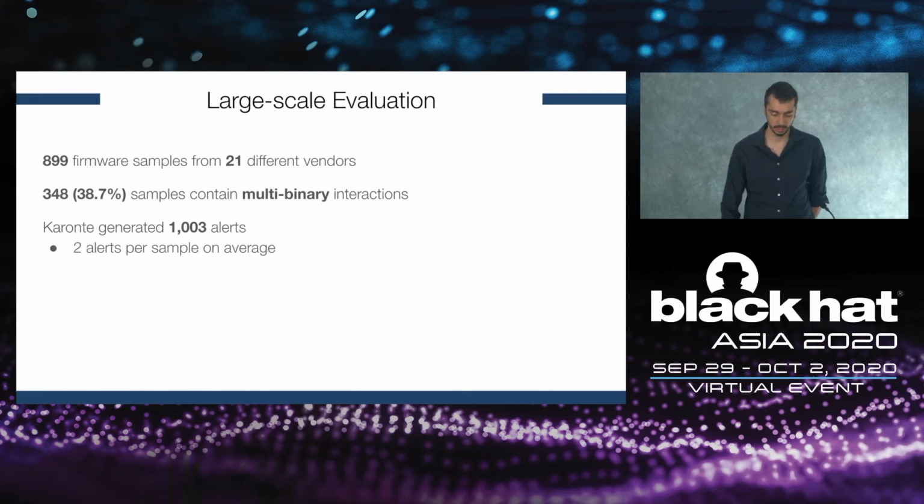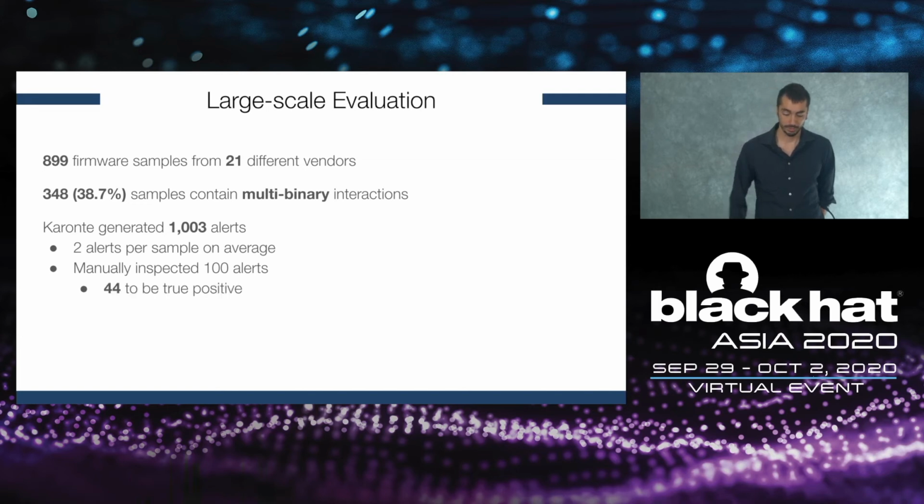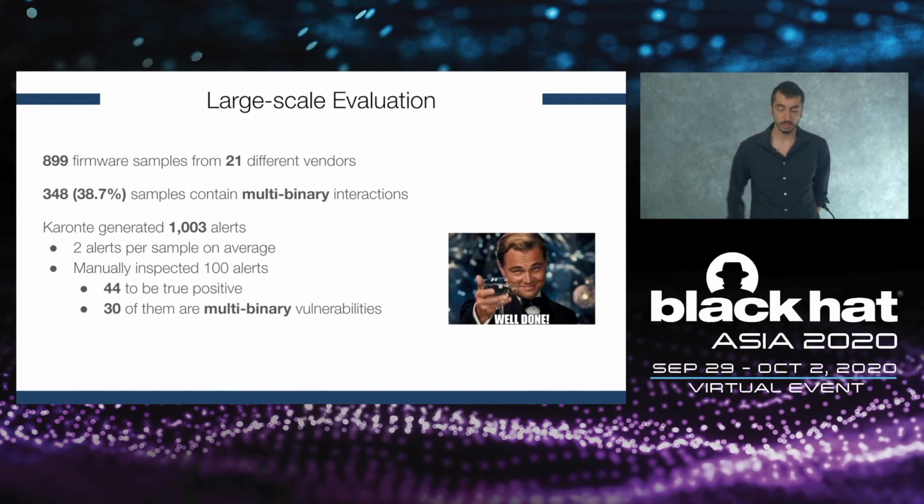In particular, Caronte generated 2 alerts per firmware sample on average, and of all these alerts, we manually inspected 100 of them randomly. We found 44 to be true positives, and 30 of them were actually multibinary vulnerabilities, which means that we found these vulnerabilities by tracking the data flow across different binaries.